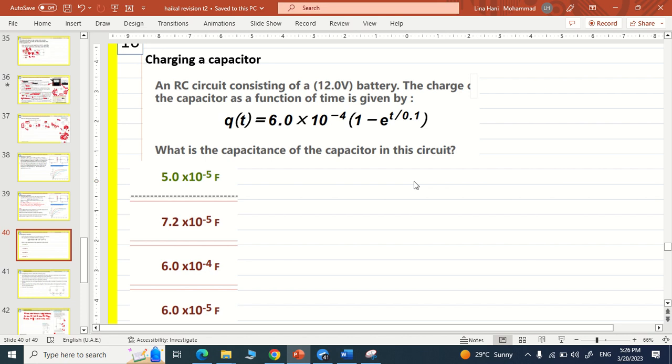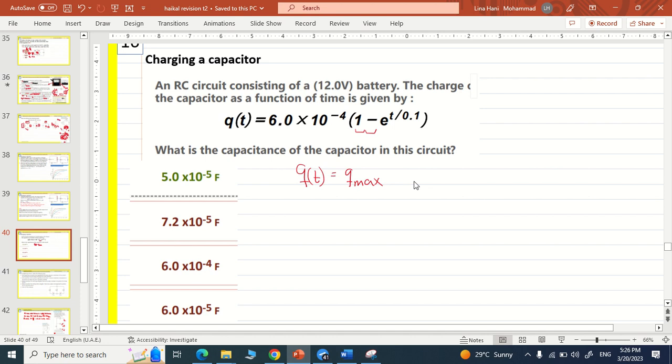Now remember, the charging of a capacitor is written this way. So Qt is equal to Qmax. Of course, this is a charging circuit because here we have 1 minus e to the power of minus t over tau. If it's just e to the power of minus t over tau, this is a discharging circuit.